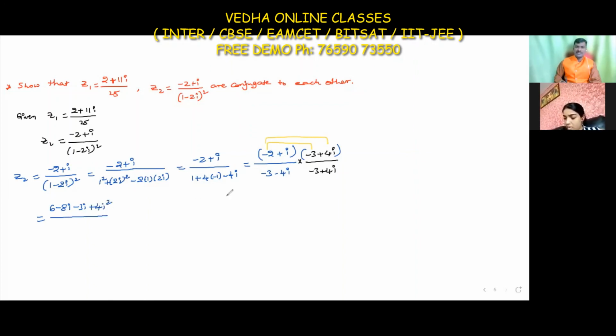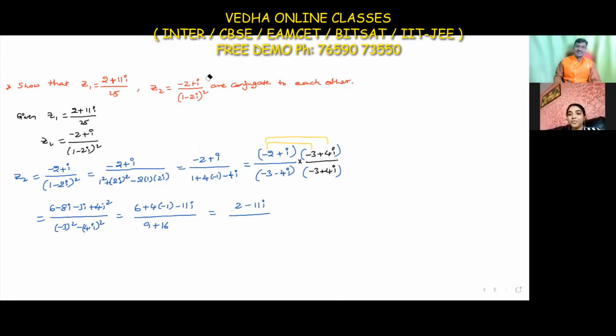In the denominator, use the formula (a plus b)(a minus b) equals a square minus b square: minus 3 square is 9, minus (4i) whole square, which is plus 16. So 6 minus 4i square gives 6 plus 4, no, 6 minus 4 plus, the result is plus 2, divided by 9 plus 16, that is 25.